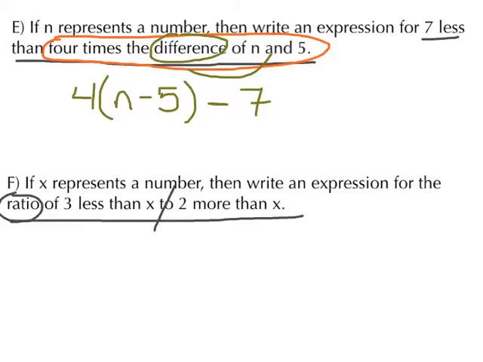So let's take care of the top part. 3 less than x. How do I write that? Well, less than tells me to start at the back, so I'm going to start with x. x minus 3 over, because that's where my division sign is going to go, 2 more than x. 2 plus x, or x plus 2. However you feel to write that one.